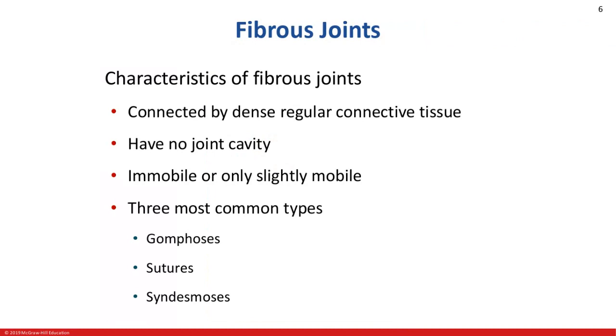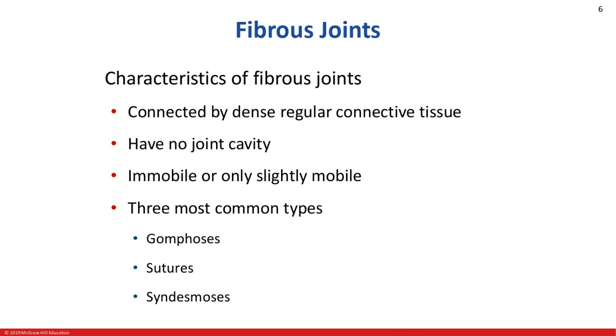Okay, so let's talk about that first classification for structure, and that's the fibrous joints. I'm just going to run through some of the general topics here. Fibrous joints are the joints where the bones are separated by connective tissue.